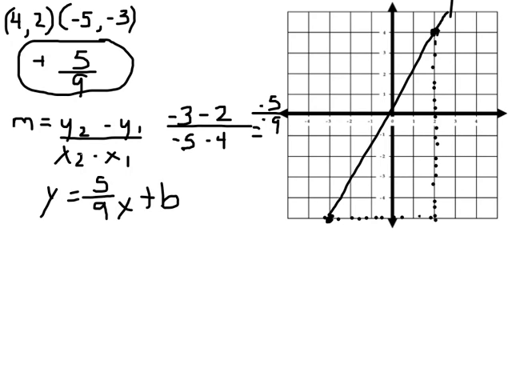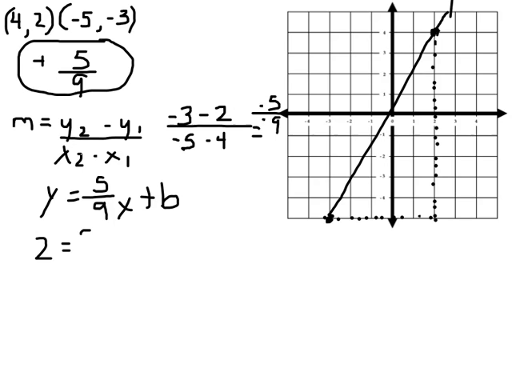And here it's not an exact point, but using algebra and a formula, we can find out the exact value of b. We can take either one of these sets of points and plug those into the y and the x in this y equals mx plus b. I'm going to use the 4 and the 2.